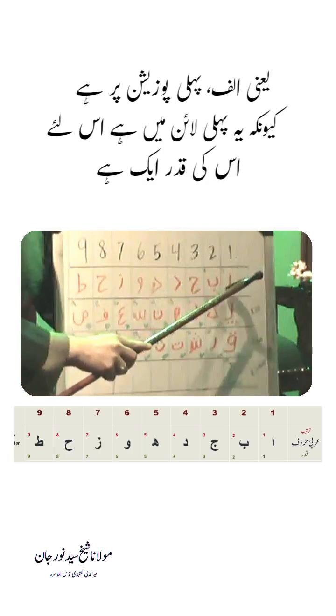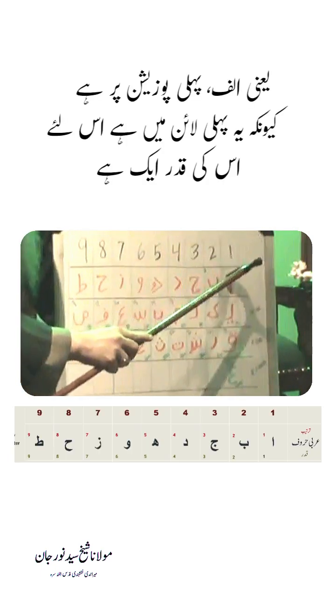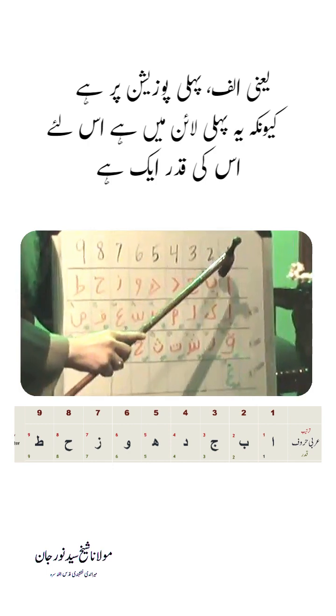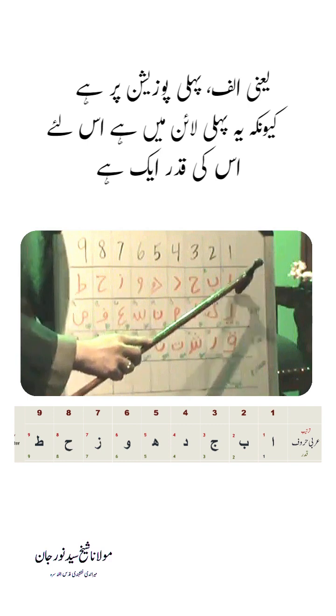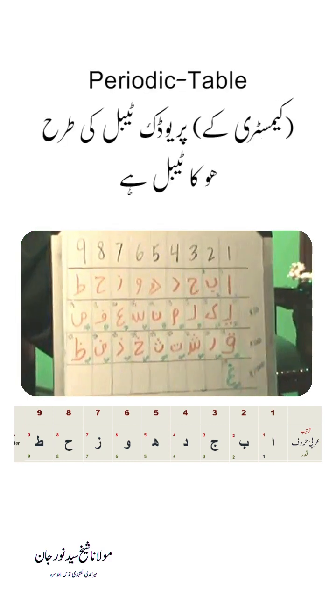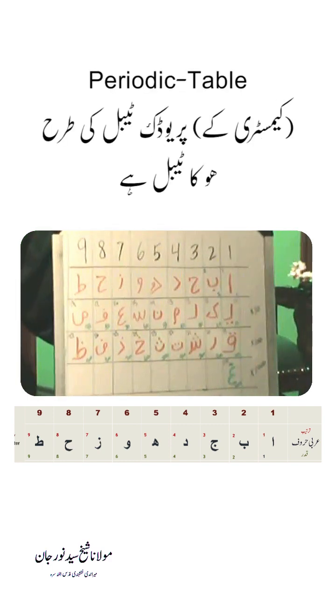It means that the Alif is in position 1. It has a position of 1, and because it's in the first line, it has a value of 1. So it's like a periodic table for huruf.